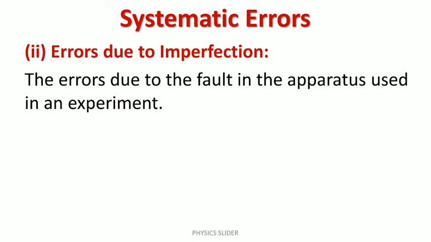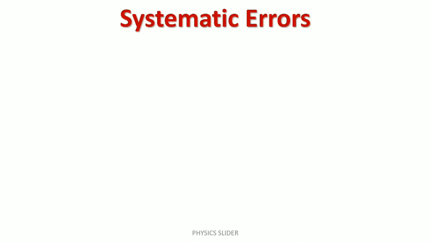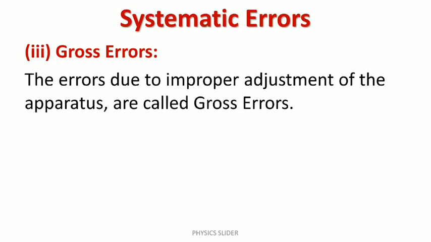All right, now moving ahead, we have some more, that is gross errors. This is a kind of systematic error, the gross errors. What are gross errors? Watch here. The errors due to the improper adjustment of the apparatus are called gross errors.